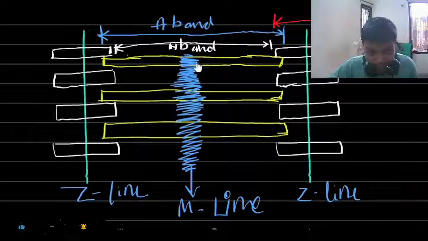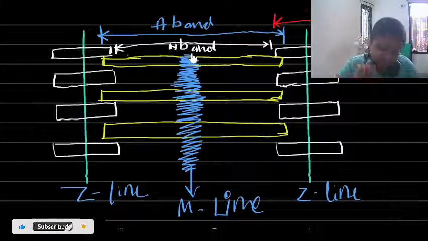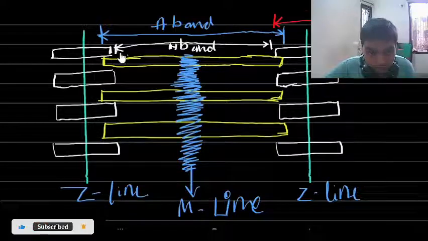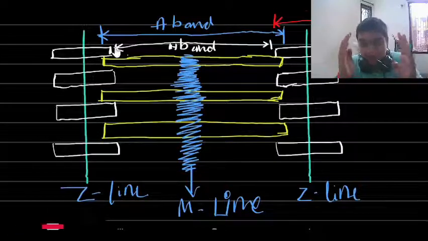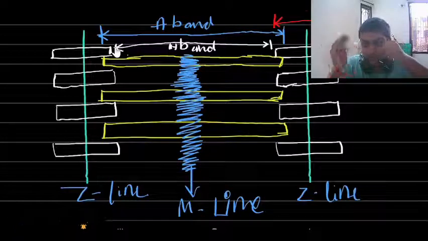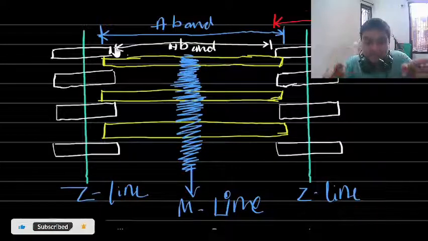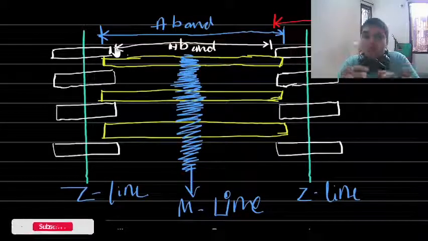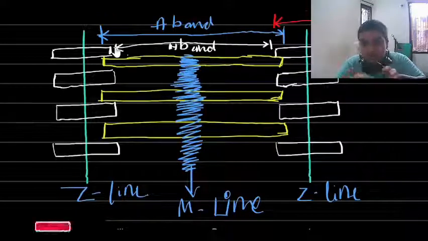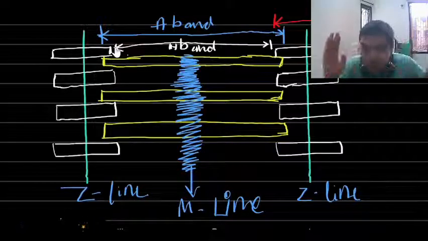Now coming to the H band. This is the first time we are seeing the H band. Let me tell you what it is. It is the portion between two actin filaments, which encloses the portion of myosin filament, excluding the actins.